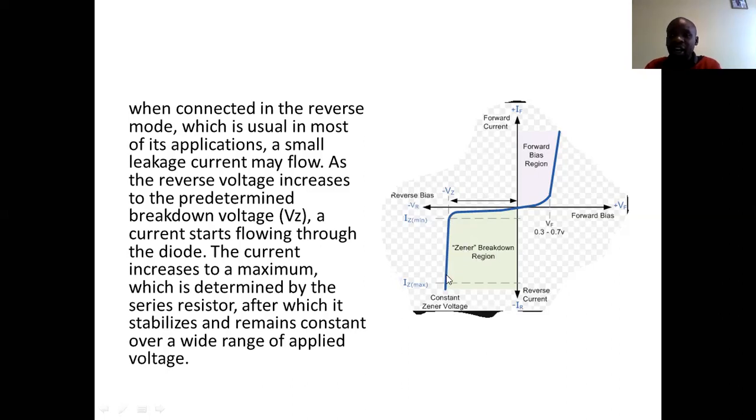The Zener diode is designed to operate at this particular voltage and allow current to flow at that voltage.